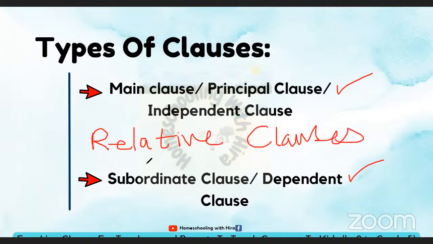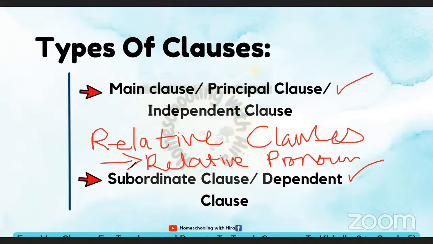Relative clauses are linked with relative pronouns. Do you remember when I was teaching you pronouns, I told you that we'll come back to pronouns after clauses, and then I'll teach you relative pronouns. So to learn relative pronouns, we need to learn clauses first. And then these 2 topics, relative pronouns and relative clauses, will be a piece of cake for us.